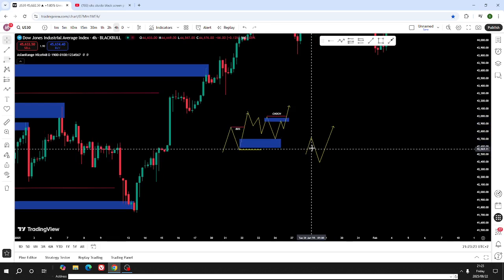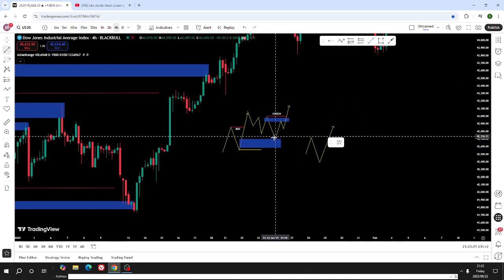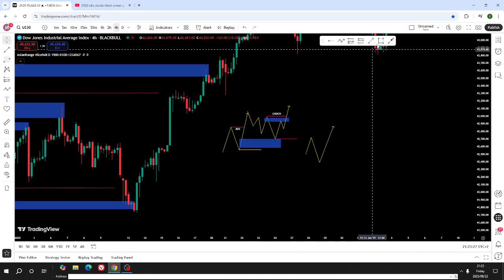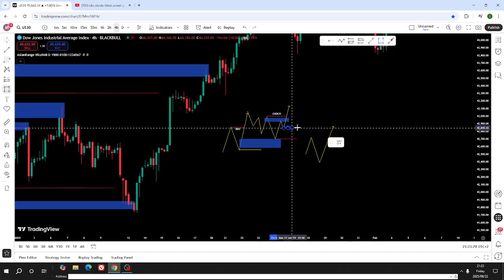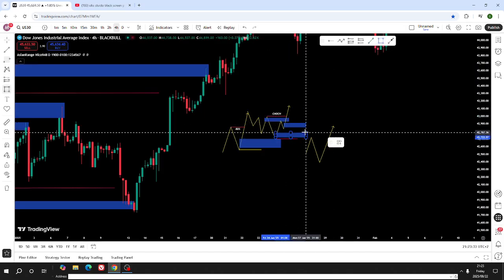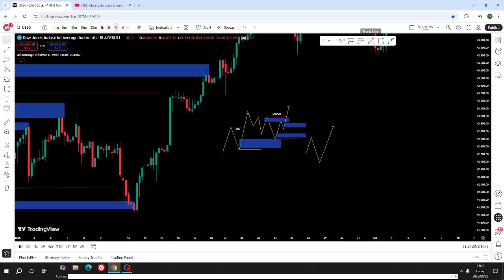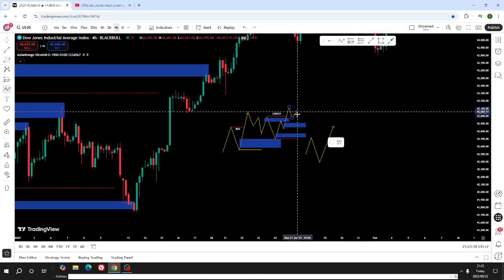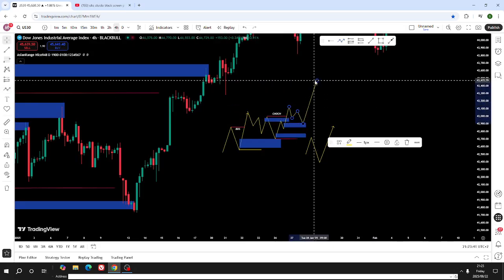So meaning at this point of time, this one is the one that becomes protected. Therefore we should also look for demand areas that will take the market upwards, right? That will continue the market towards the upwards.